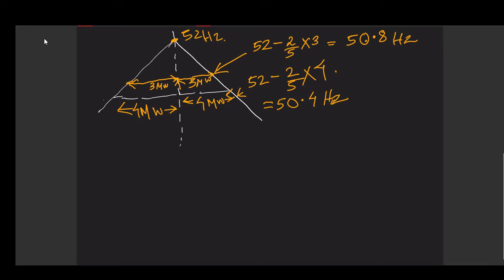However, what would happen if we do it for generators that are not identical? Suppose the generators are totally identical in nature.